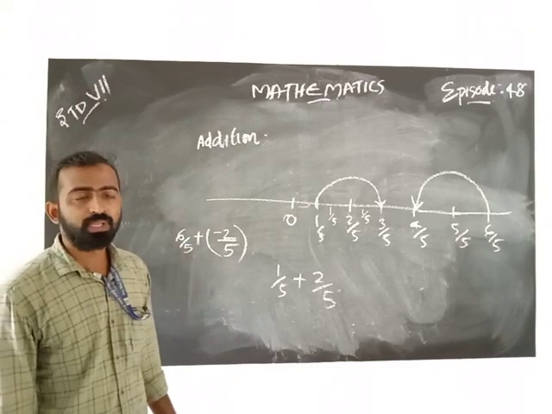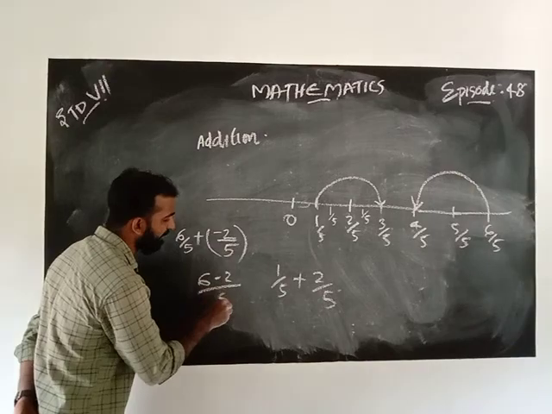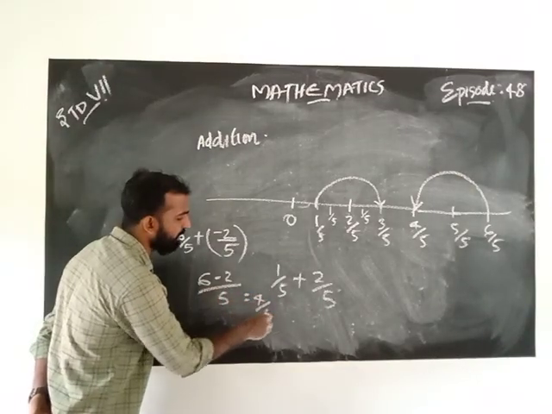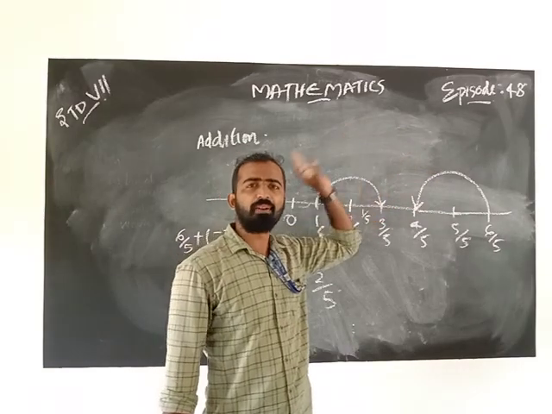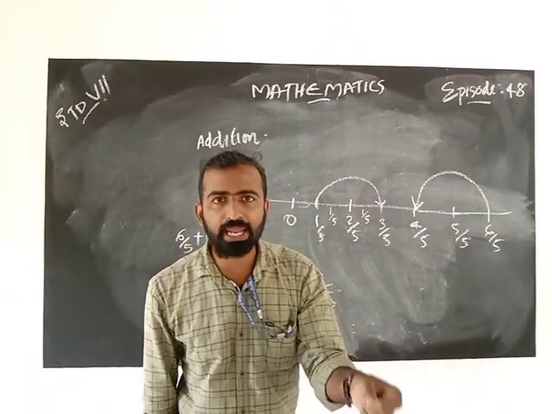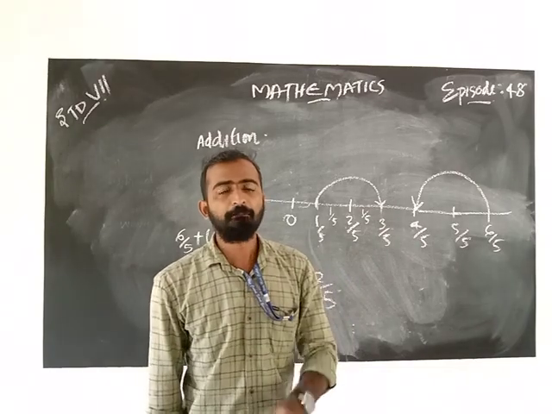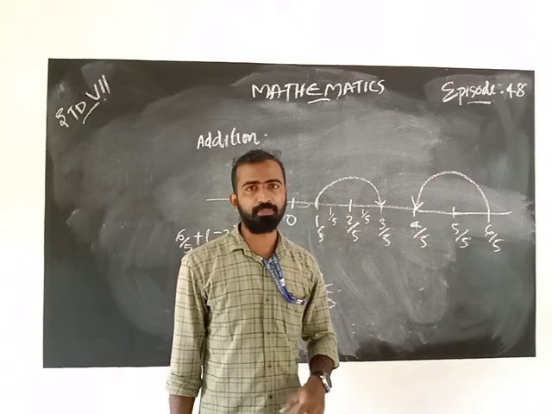Any doubt? Here we can also say 6 minus 2 whole divided by 5 gives 4 by 5. The result moves to the left side. When we add a positive rational number and a negative rational number, the result moves to the left side.